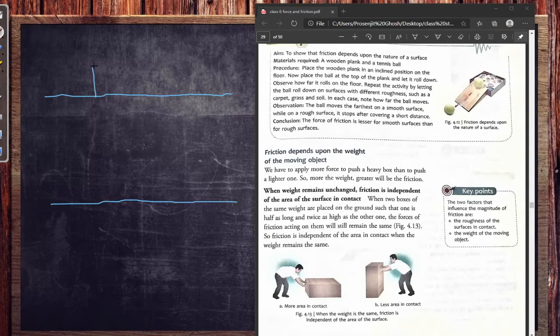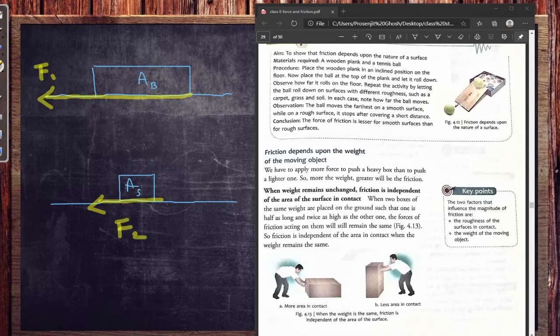This is a bigger object and this is a smaller object. So which one has the greater area? I'm assuming this one has the greater area, A suffix B, that is big area, and this is A suffix S, that is small area. So I will say that the friction force will be greater in this one. This friction force F1 is greater than F2, the friction force of the second. So you can write it as F1 is greater than F2.